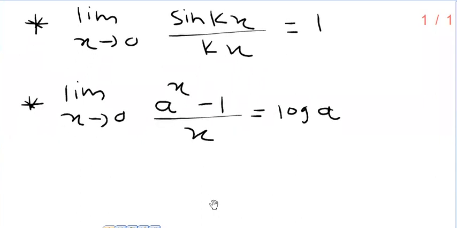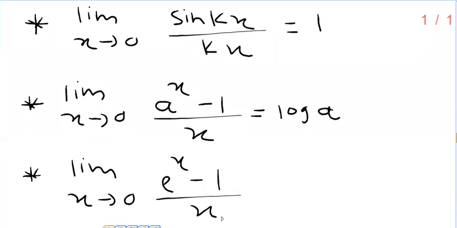Okay. So what will be that result? It will be limit x tends to 0, e raised to x minus 1 upon x equal to log e. But what is log e? Log e is nothing but 1. I hope that this is clear to you. Okay. Similarly, e raised to mx minus 1 upon mx, which is nothing but 1.